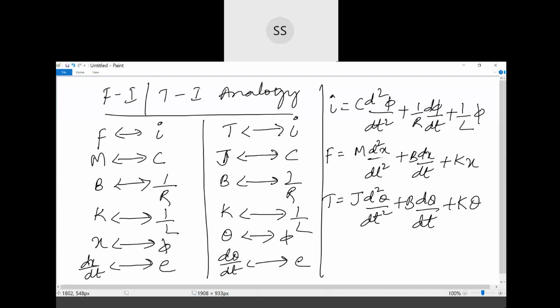Now when we have these three equations together, you can easily compare them. F and T are analogous to I, m and J are analogous to C, and friction b is analogous to 1 by R, that's why we have listed it here.